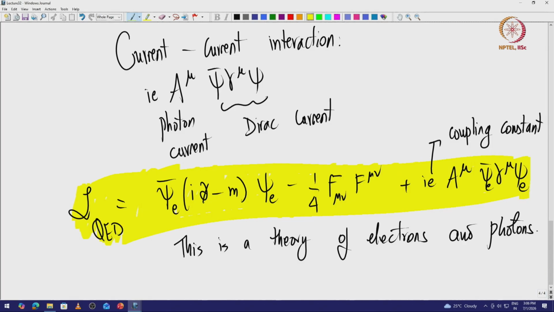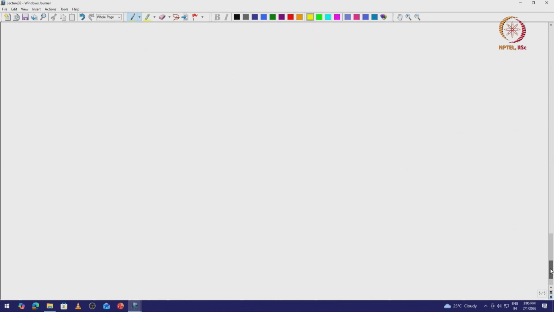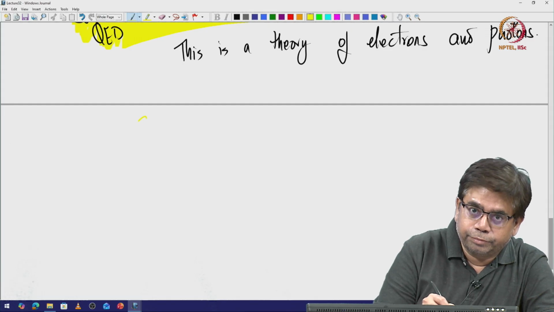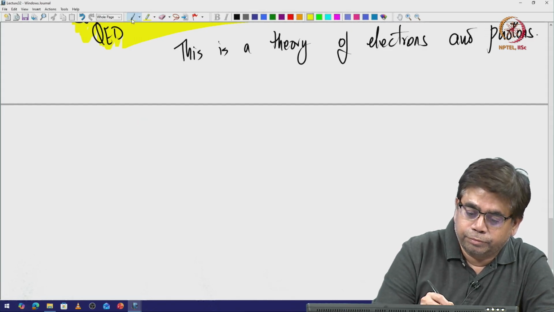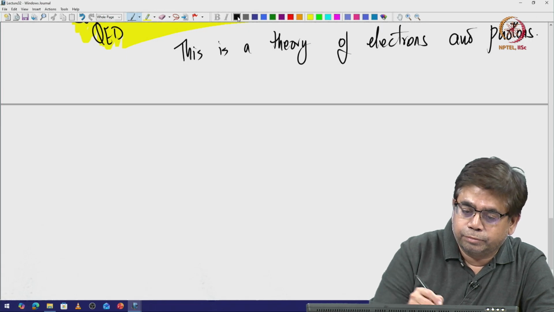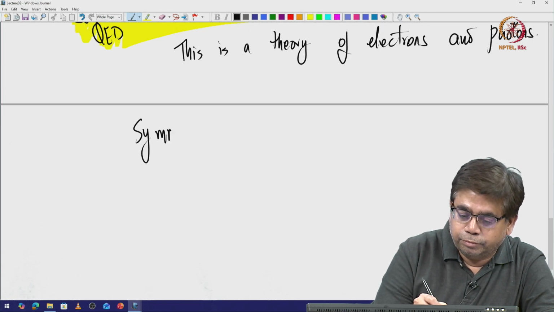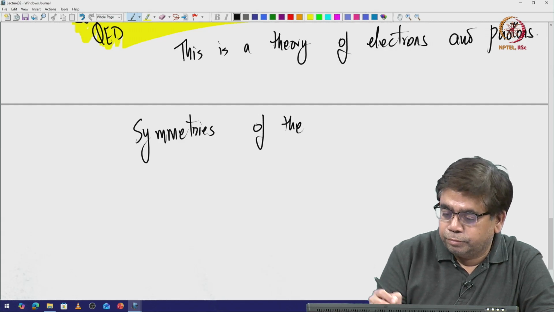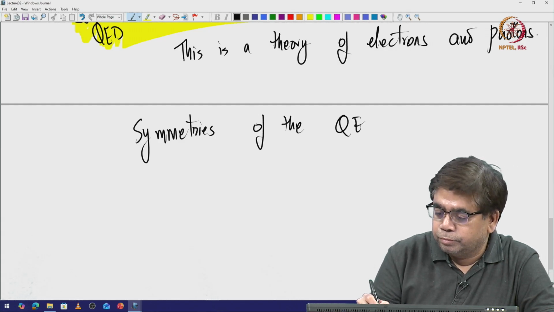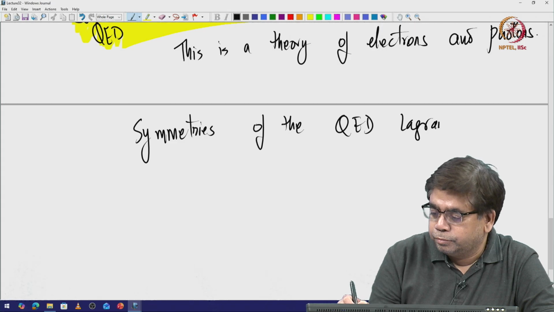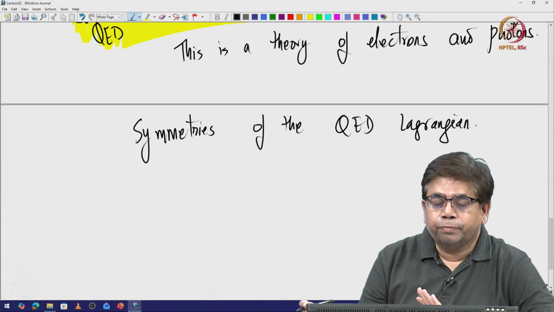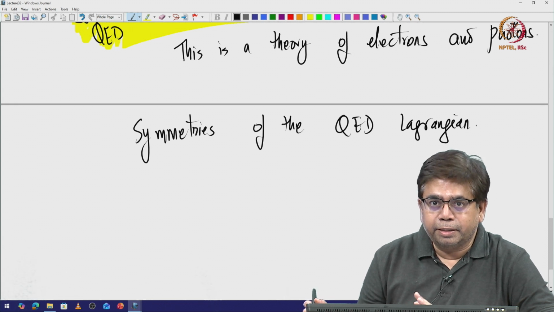Now let us look at what are all the possible symmetries of this Lagrangian. So, the first one is that there is a continuous symmetry.